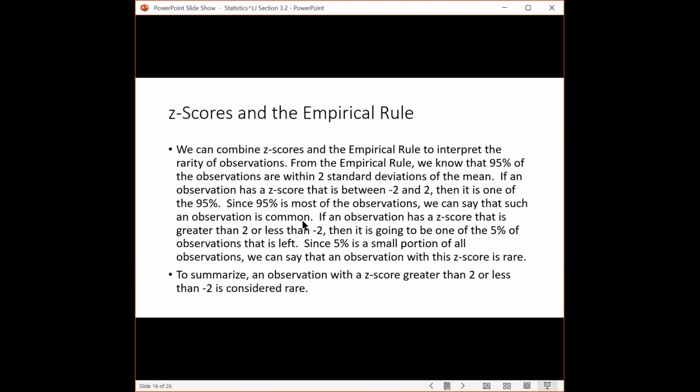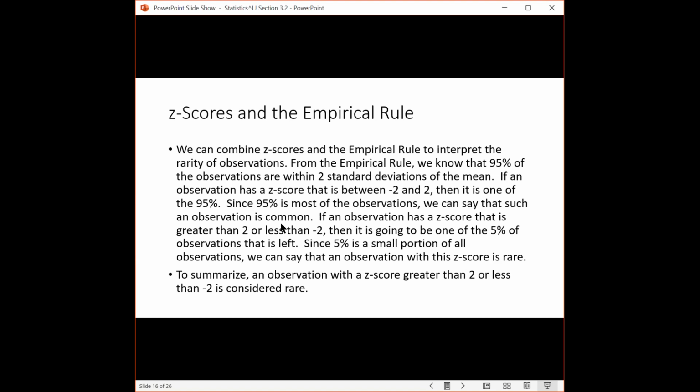You're a common observation. If an observation has a z-score that is greater than 2 or less than -2, then it is one of the observations in the remaining 5%. If 95% are between -2 and 2, then only 5% are left to be greater than 2 or less than -2.